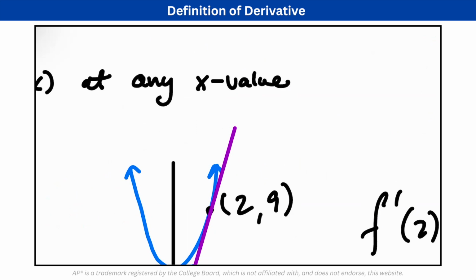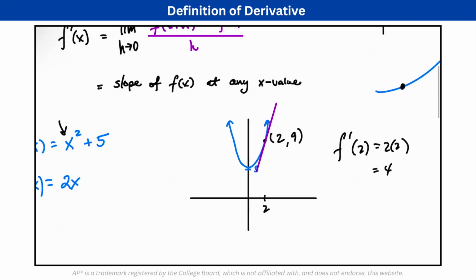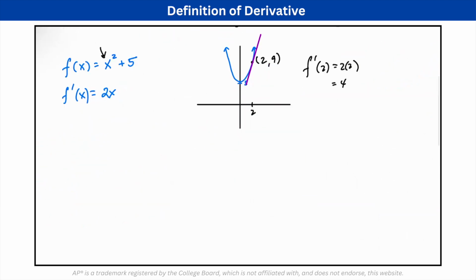Now, the whole thing about a tangent line, if you remember from geometry, is that it is a line that touches a circle once and only once. For us to apply this concept, the tangent line would only touch the graph once and only once.